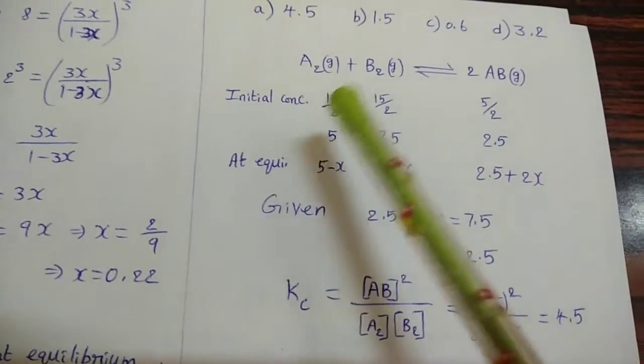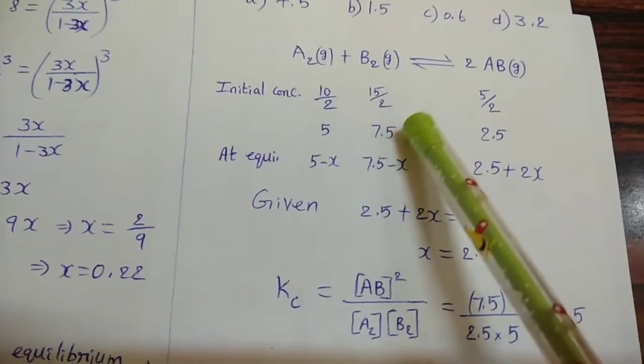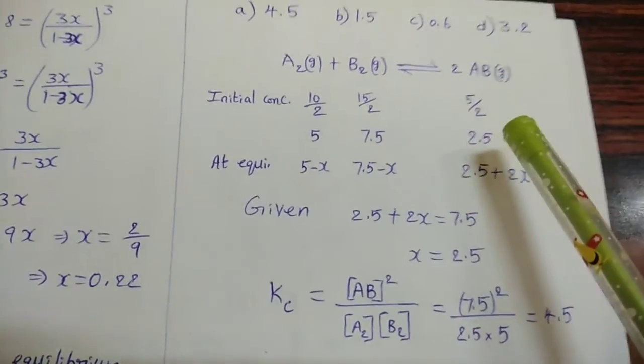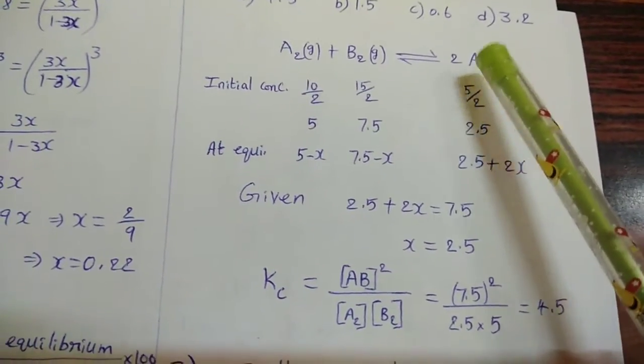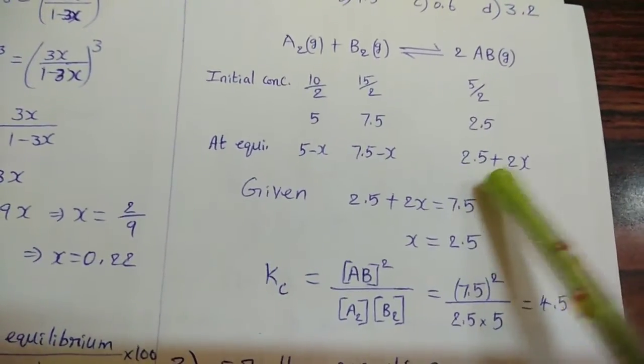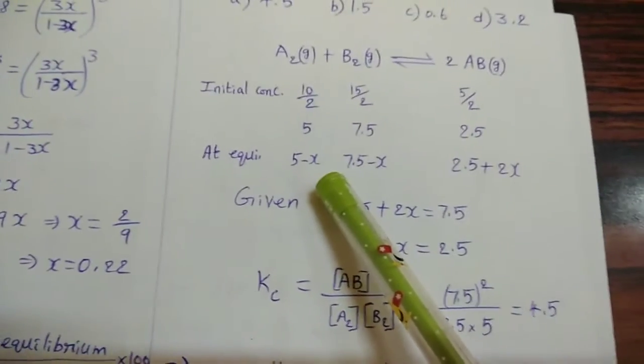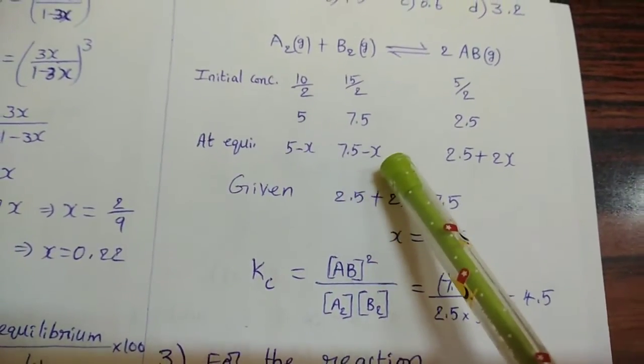At equilibrium, x moles decreased from this, and from this also x moles decreased. For this, 2x moles is added because according to the equation it is 2 moles, that's why 2.5 plus 2x, 5 minus x, 7.5 minus x.